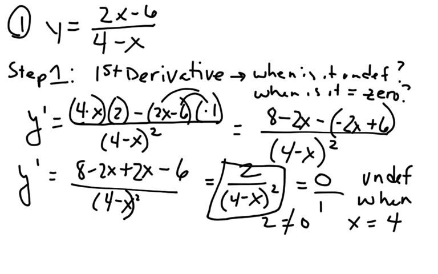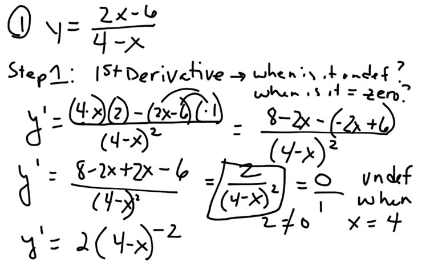Now we're going to find the second derivative for step 2. In order to find the second derivative, I might want to think of the first derivative as 2 times 4 minus x to the negative 2 power. That's going to be an easier way to differentiate that function using the chain rule.